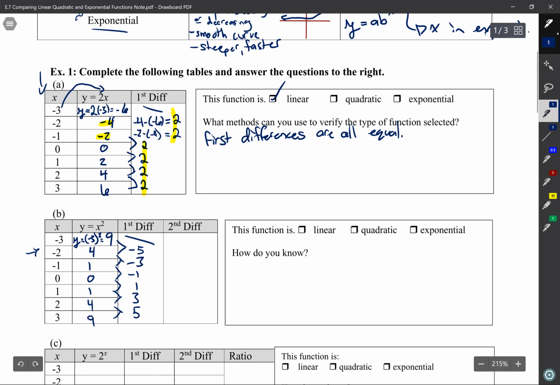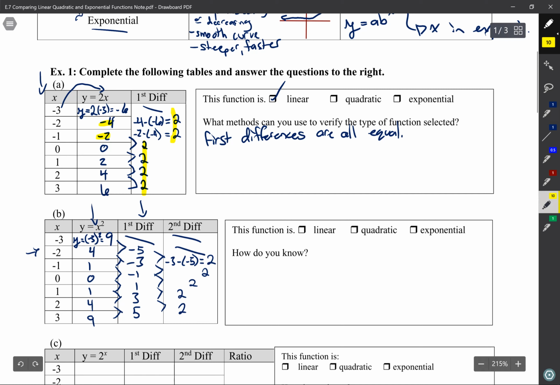Now I do notice a pattern, and I'll double check that pattern with my second differences here. So my second differences, I'll do the same thing. I won't calculate the first one or the second one this time. And then instead of using my y values for my differences, I'm going to use my first differences themselves. So my second difference here is -3 minus -5. Again, a double negative. If I put that into my calculator, I find that it equals 2. -1 minus -3 equals 2. 1 minus -1 is 2. 3 minus 1, 2. 5 minus 3 is 2.